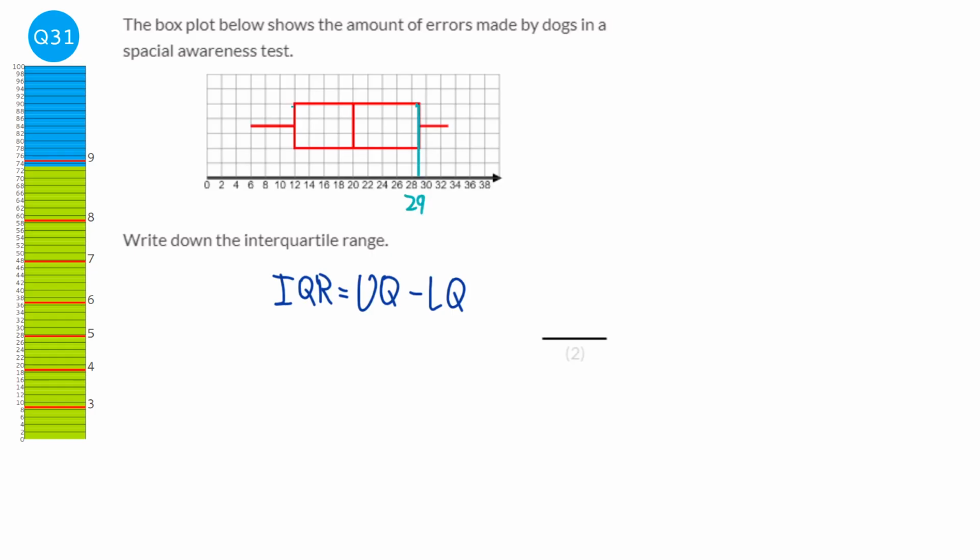It's just the bit here, which is 12. So use the formula, 29, take away 12, and that's going to equal 17. So the parts of a box plot are the lowest value here, lower quartile, median, upper quartile, highest value.